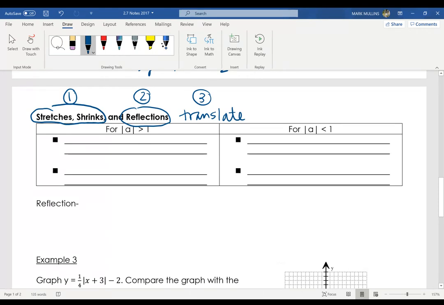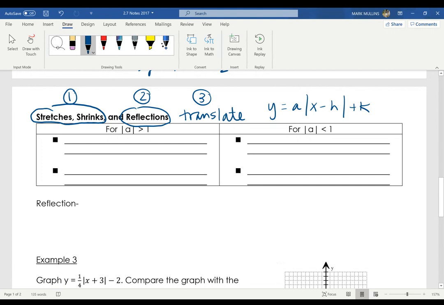So when I talk about a, I am talking about if I have a number in front of my absolute value. So if I look at this absolute value of x minus h plus k, but now I put this a out in front, that's what I'm talking about. So here I'm talking about an absolute value of a that's greater than 1.